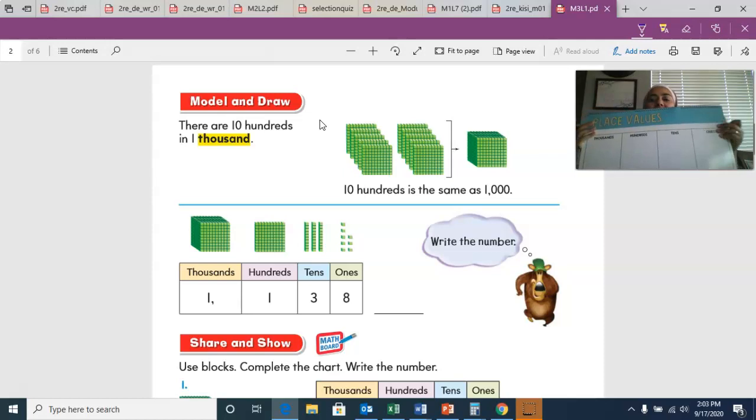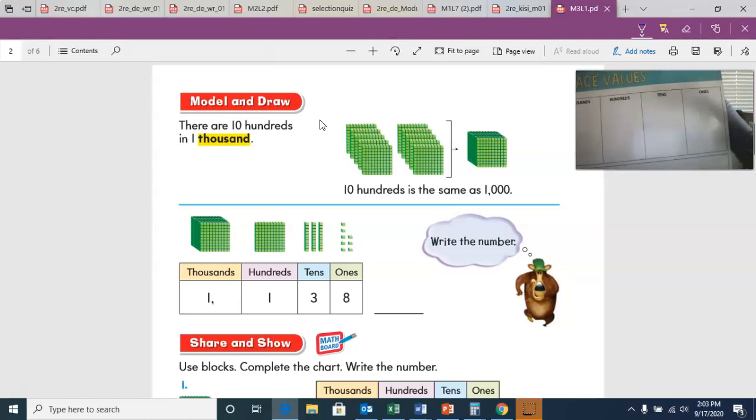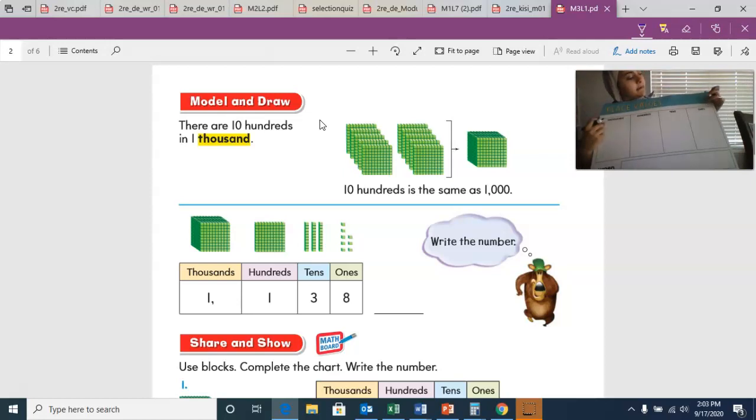Okay, so we have my place value chart. I have a huge one. It says ones, tens, hundreds, thousands. Okay, so in the ones place, this is how a 1 looks. It's just a little square. And the tens is a rectangle log, and it has 10 ones in it.